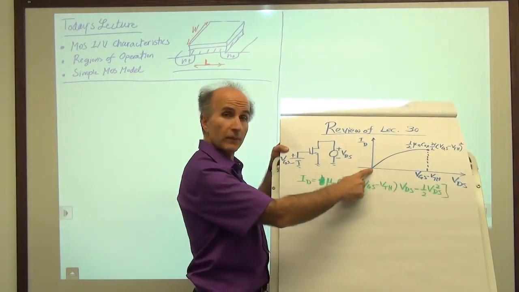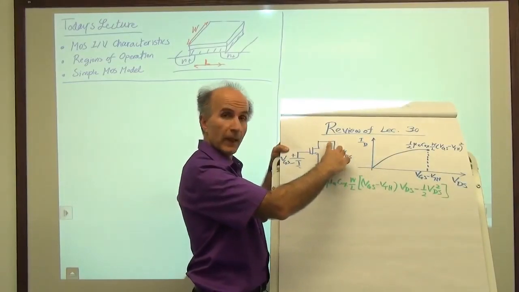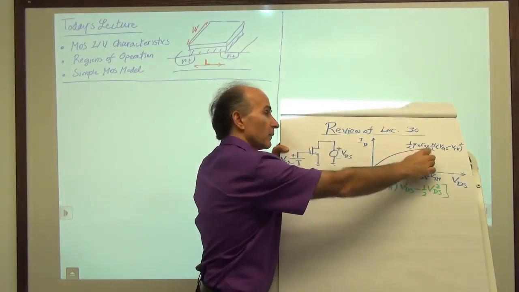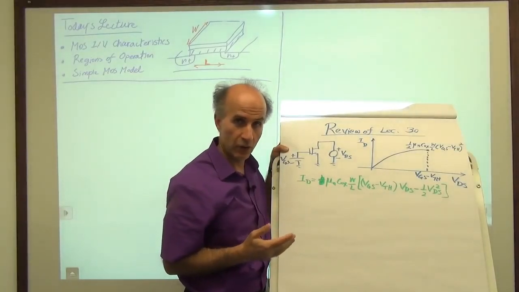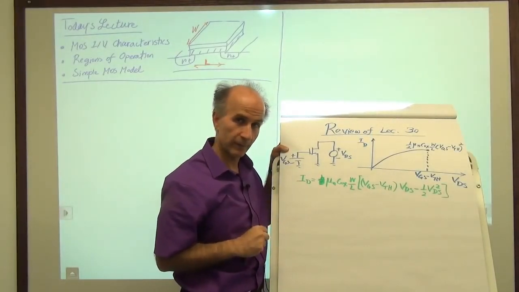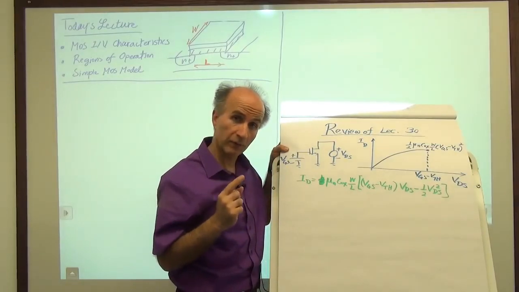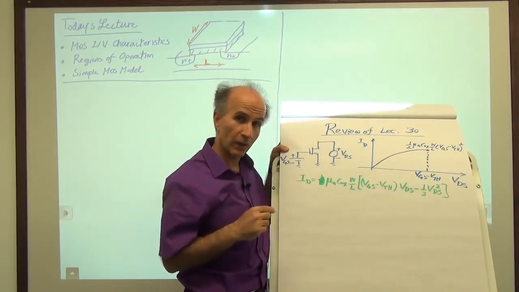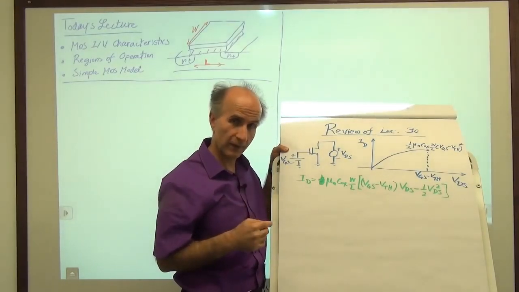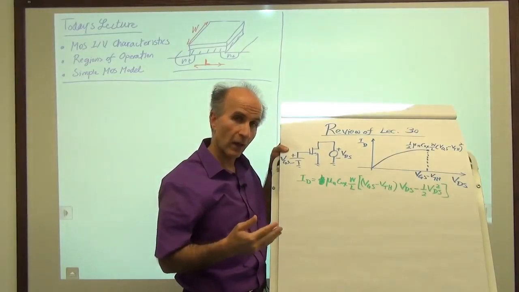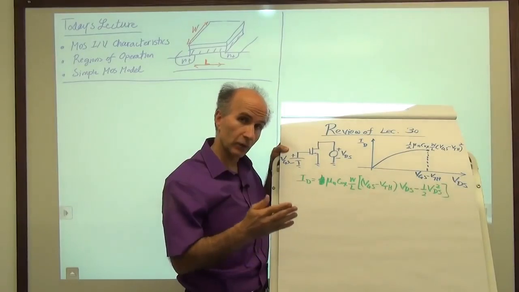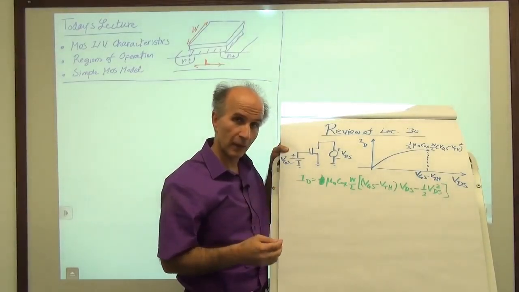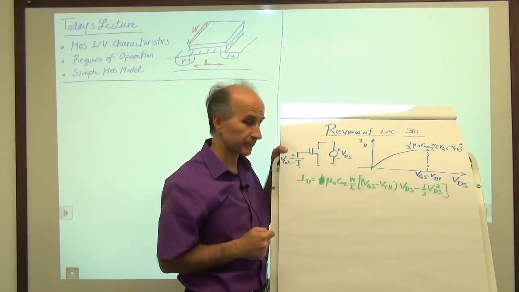It starts at 0 when VDS is 0, and it reaches a maximum at a certain amount of VDS, which is equal to VGS minus VTH. Remember that we called VGS minus VTH the overdrive voltage because it's an indication of how much VGS you need beyond one threshold to have a certain amount of channel density.